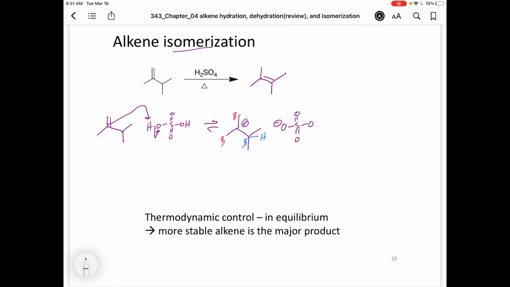This alkene isomerization is essentially partially an E1. All right, and there we have it. That is our alkene. Like I said, this looks a lot like the E1 reaction, but you're going to make the most stable alkene here. And this is through a carbocation intermediate.